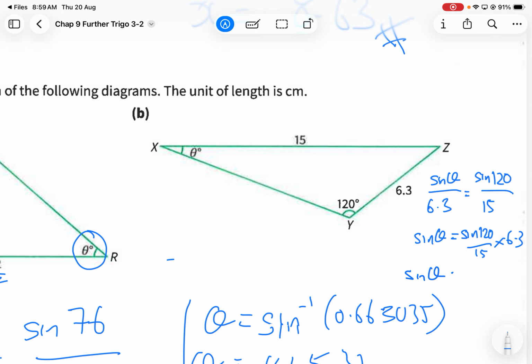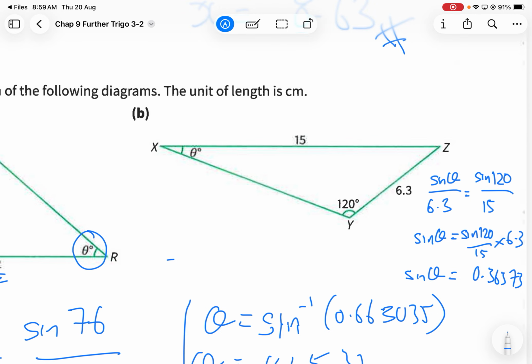Okay. So I just multiply the denominator over here. All numbers simplify. Sine 120 times 6.3 divided by 15, 0.36373.